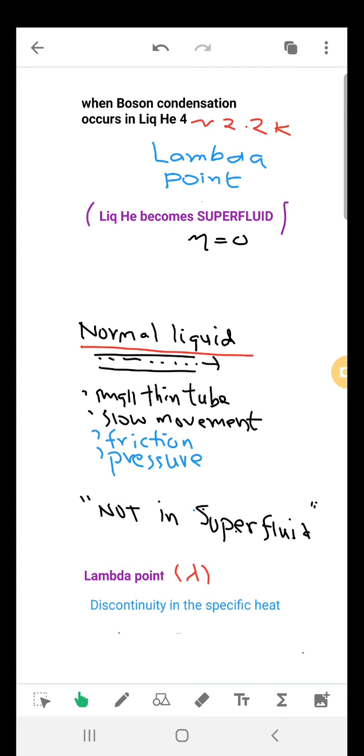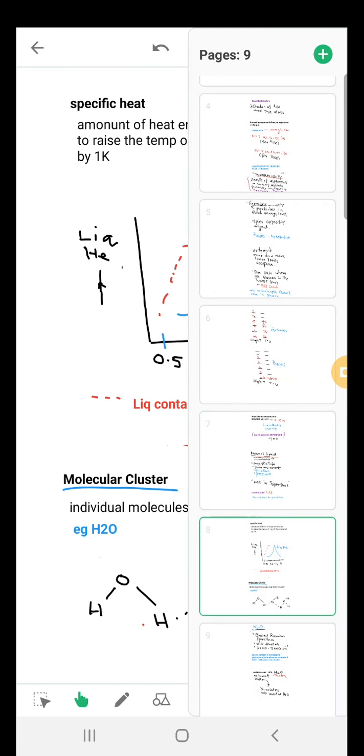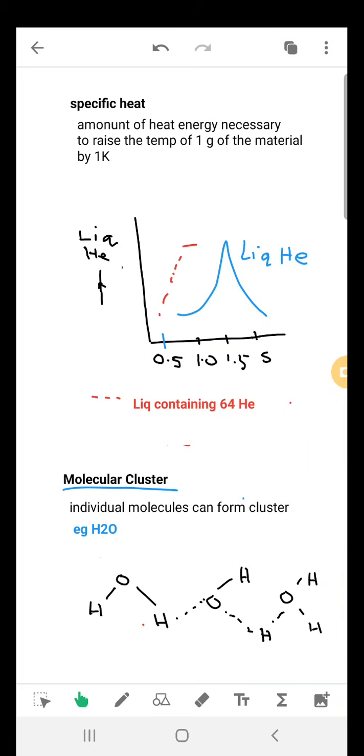By discontinuity in specific heat, we mean that if we plot liquid helium's heat capacity against temperature, there will be a certain point where the heat capacity, or the specific heat, suddenly rises to this and then goes down.